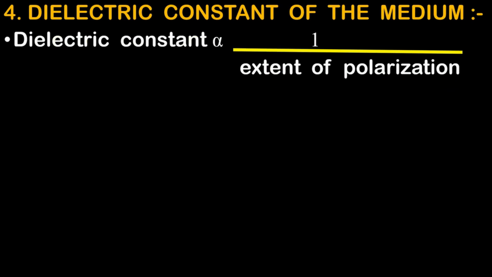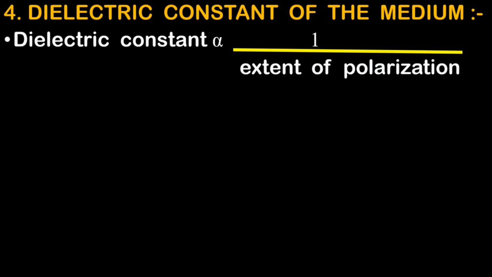The reason is that a polar medium having high dielectric constant has a tendency to weaken the electrostatic forces of attraction existing between the ions. Therefore, in polar medium, the ions get separated and no polarization takes place. That is, polarization is favored in non-polar media which have low dielectric constants.